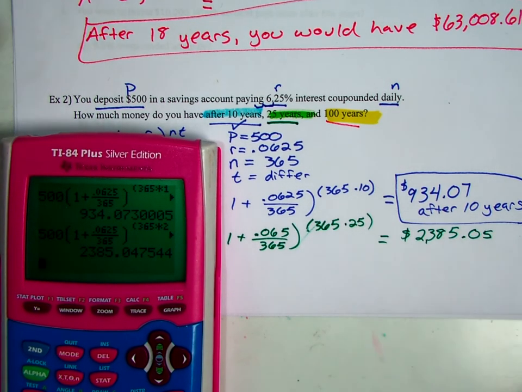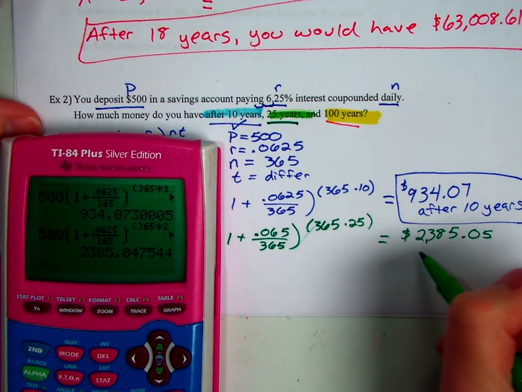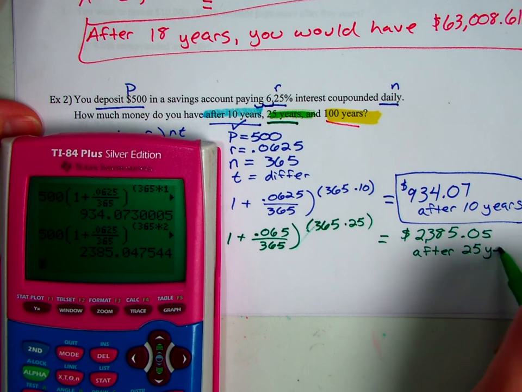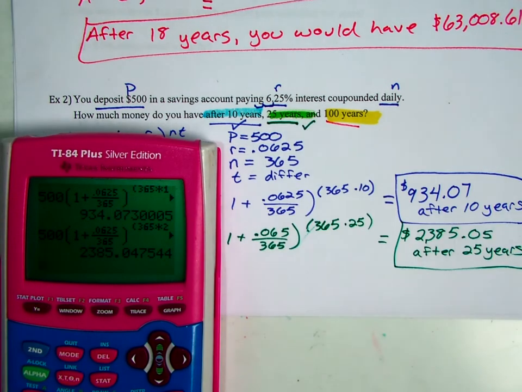So it's $2,385.05 after 25 years. And that's the second one.